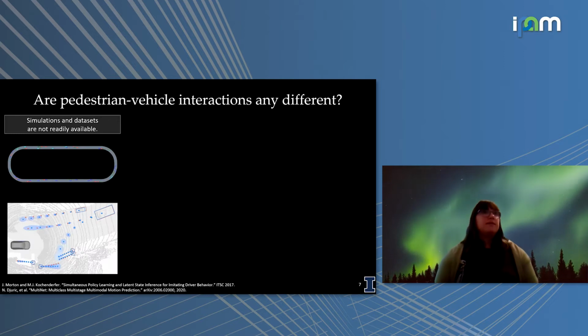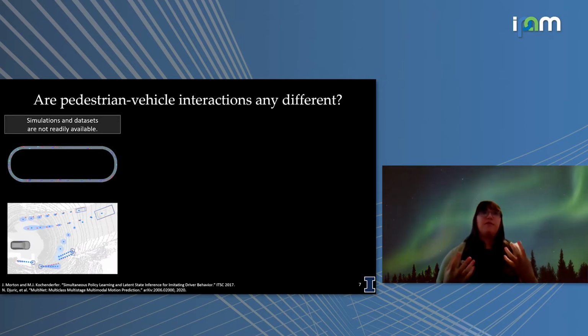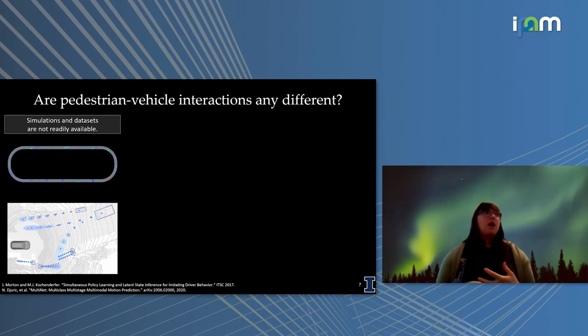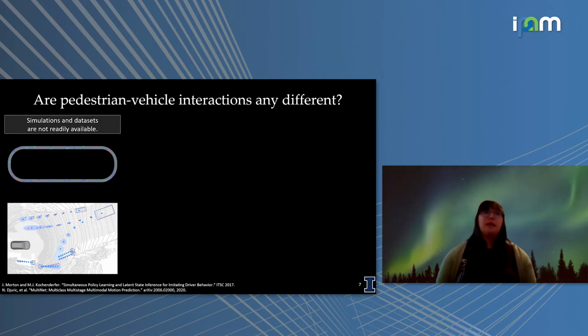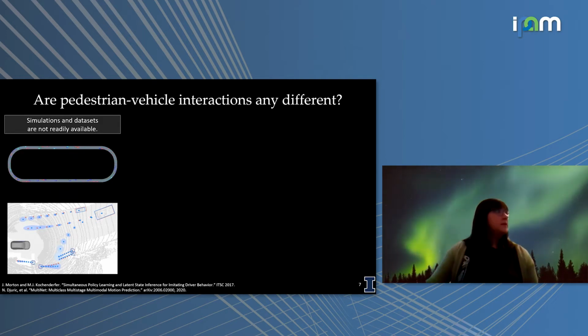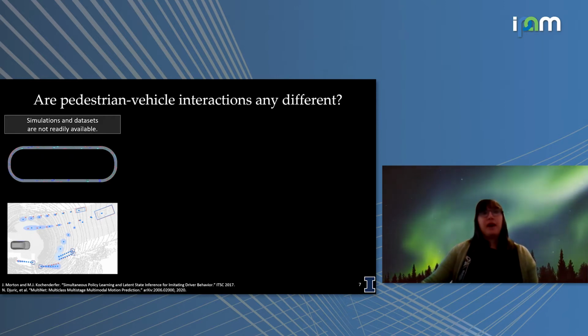One of the first reasons is that simulations as well as data sets for these vehicle-pedestrian interactions are not really readily available. We have lots of tools for modeling or simulating driver behaviors. As in this example here, this is just a simple loop using the intelligent driver model to model and recreate traffic.